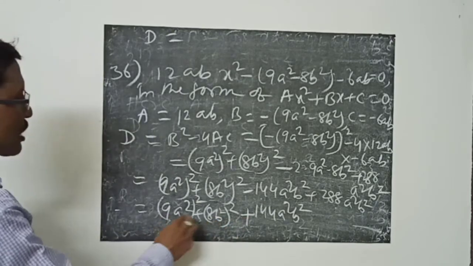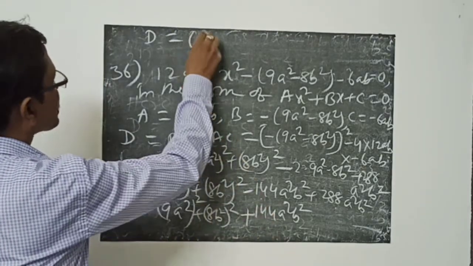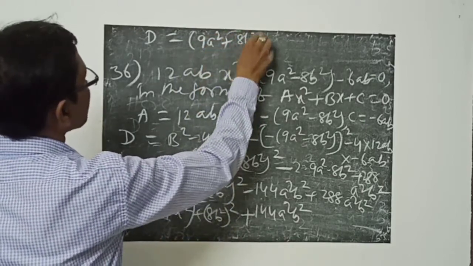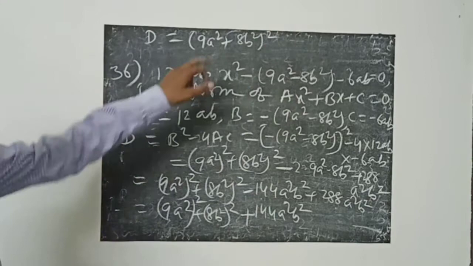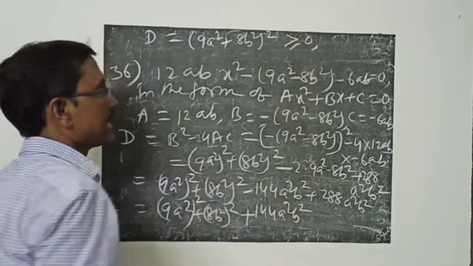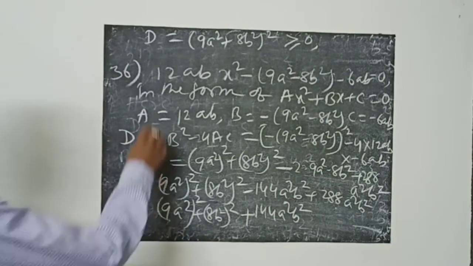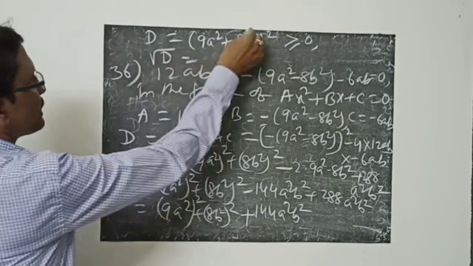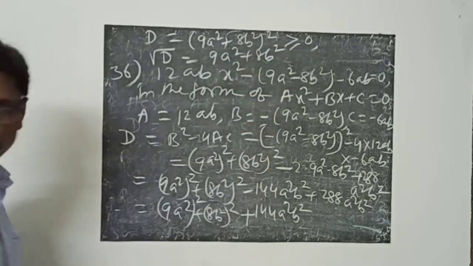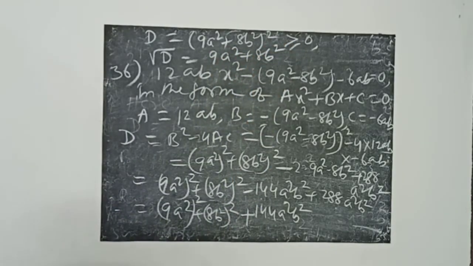Means a square plus b square plus 2ab, that means 9a square plus 8b square whole square. Any whole square must be greater than or equal to 0, therefore roots are real. So root d, that square will be removed, will be 9a square plus 8b square. That's what you got.